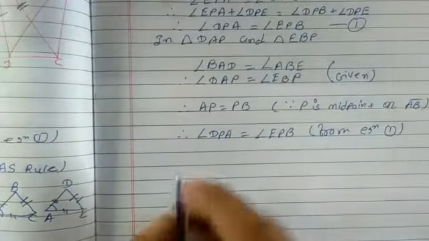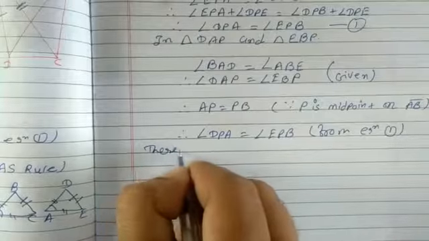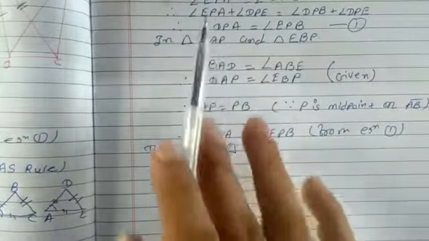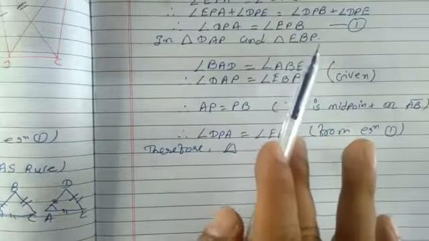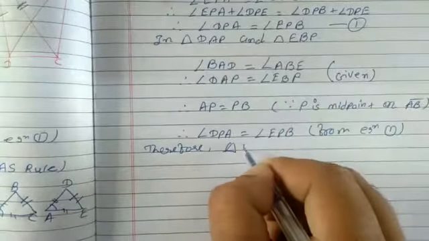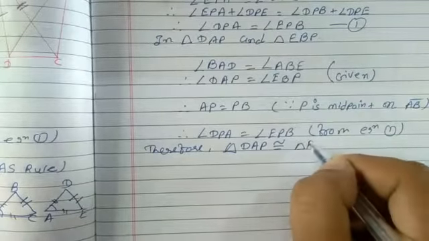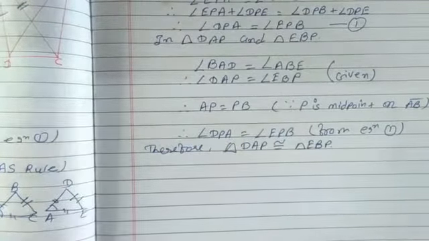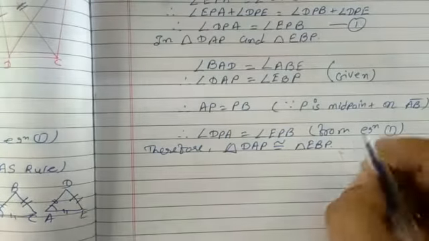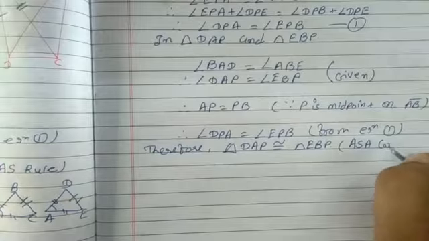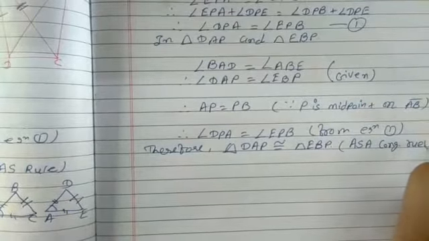Okay, therefore triangle, which triangle? DAP and EBP, both are congruent, triangle DAP is congruent to triangle EBP, okay, by angle side angle congruency rule.